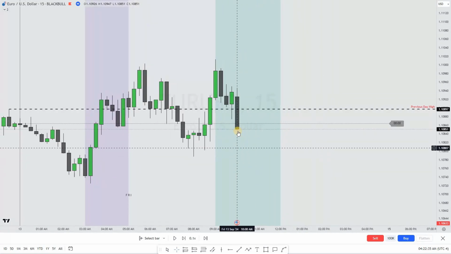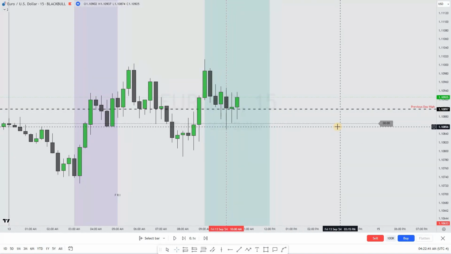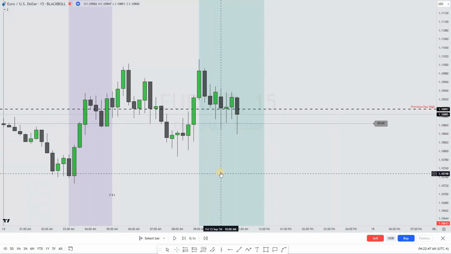The news did not have any significant impact on euro dollar. It was very disappointing because I was sitting here anticipating to see something, but nothing happened. My rule for trading news is to trade after the news and see what the market is doing. After this 15-minute candle, which is the news candle, has already happened, I tend to follow the market.